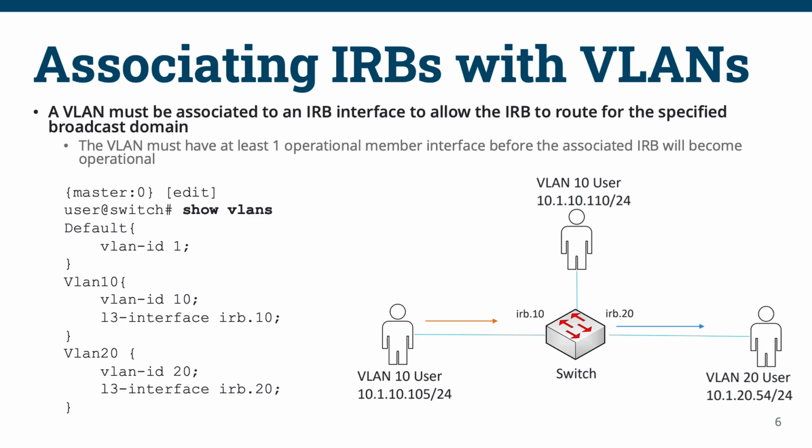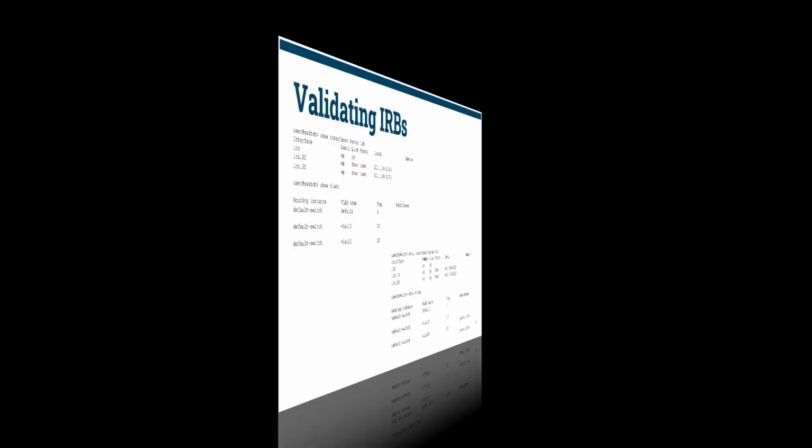If no member interfaces of the VLAN are in an operationally up state, then the IRB interface will show as administratively up, but operationally down. Let's take a look at how that situation would present itself in the following slide.